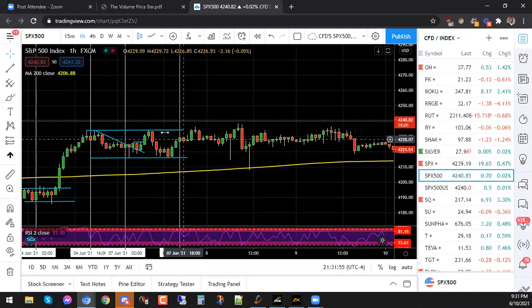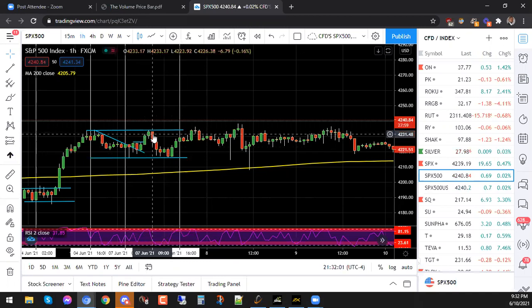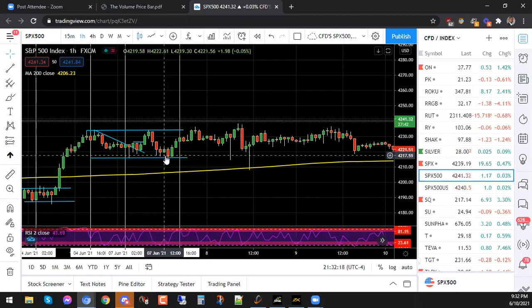So as you can see, we get one more move down, but at the end of this corrective wave, we have another volume price bar. This one is coming in from 9 to 10. So from 9 to 10, we have this volume price bar closing. And for those who would like to trade the impulse of this correction, you can try to take the last piece.